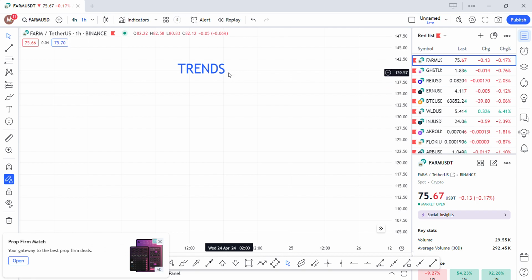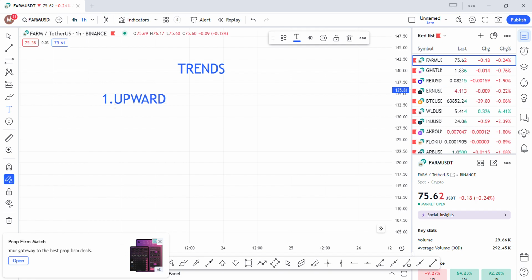When we say trend, there are basically three types of trend. Number one, we have an upward trend, and I'm going to show you this upward trend. Number two, we have a downward trend.